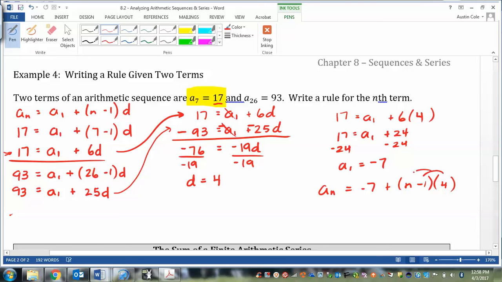Distribute my 4. So a sub n equals negative 7 plus 4n minus 4. And combine like terms, a sub n is going to equal 4n minus 11.